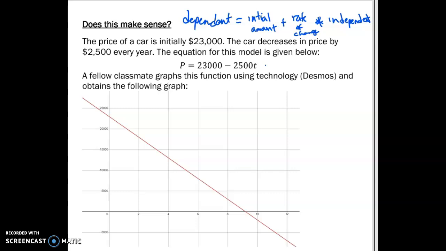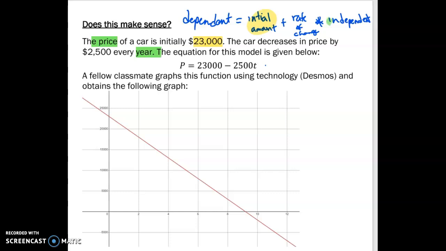And just from a couple sentences here, the price of the car was initially $2,300. So this is the initial amount. The car decreases in price by $2,500 every year. So the initial amount is $2,300. That's going to go here. The 2 different variables in this are the price of the car and the number of years.